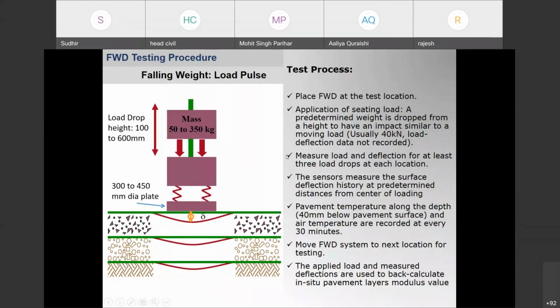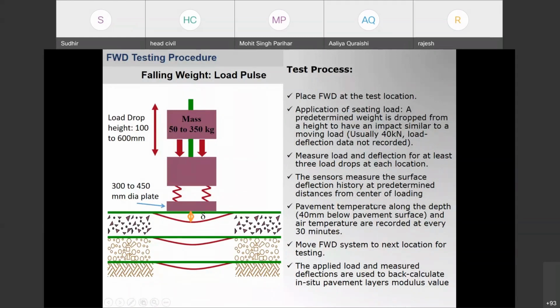You typically apply 4 load drops, but at least 3 load drops. As you are applying these drops, you measure the load, that is the stress applied on the pavement surface, and the deflection measured on the pavement surface.